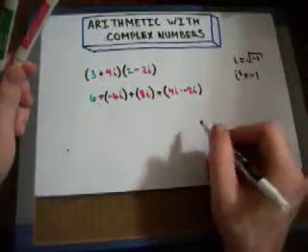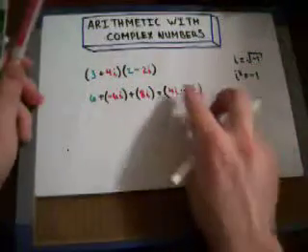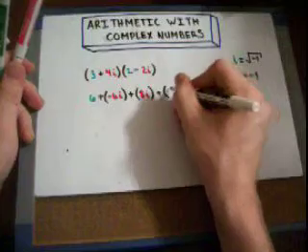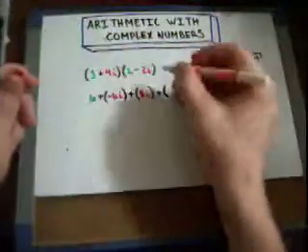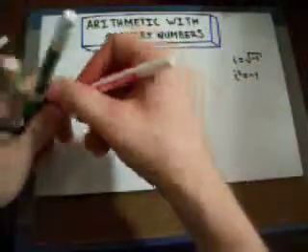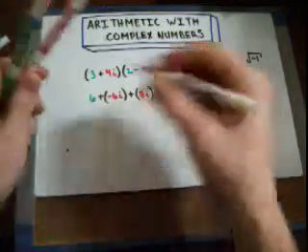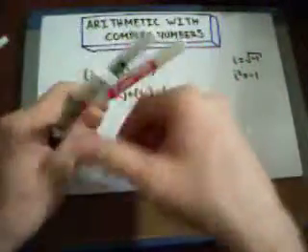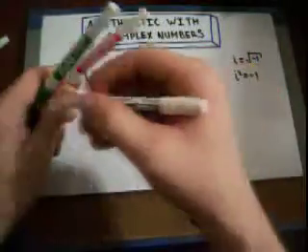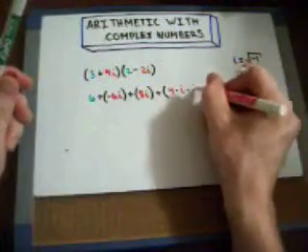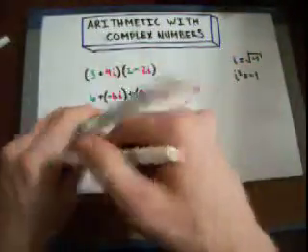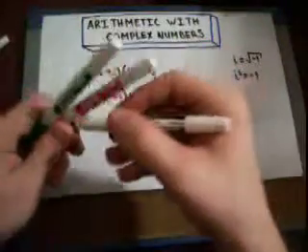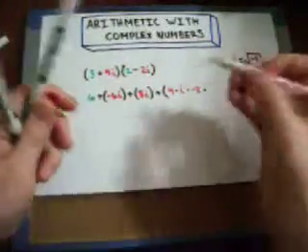Well, let's go ahead and separate everything, because 4i is just like writing 4 times i times negative 2 times i.